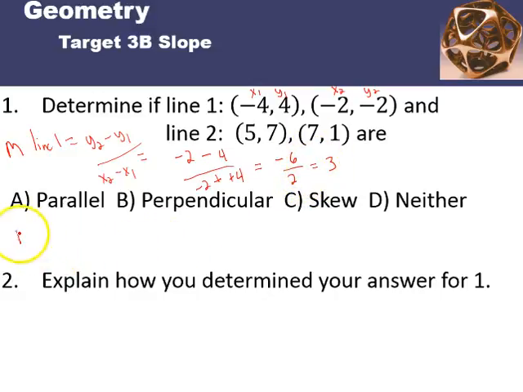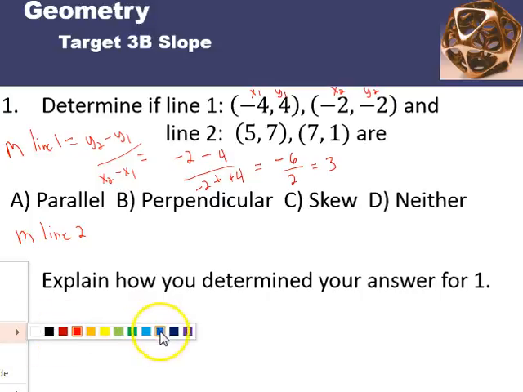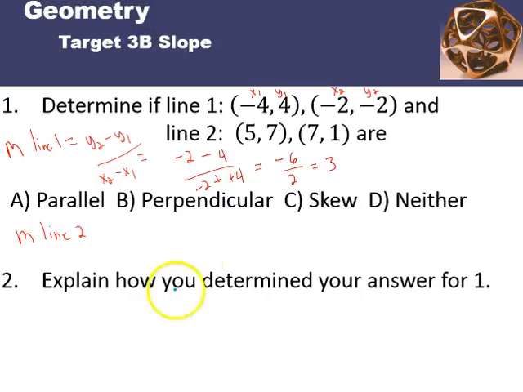Now I'm going to look for the slope of line 2. So the slope of line 2, and I'll use another color. Let's go with blue. This is x1, y1, x2, y2. So x and y from point 1 are 5 and 7, x and y from point 2 are 7 and 1.